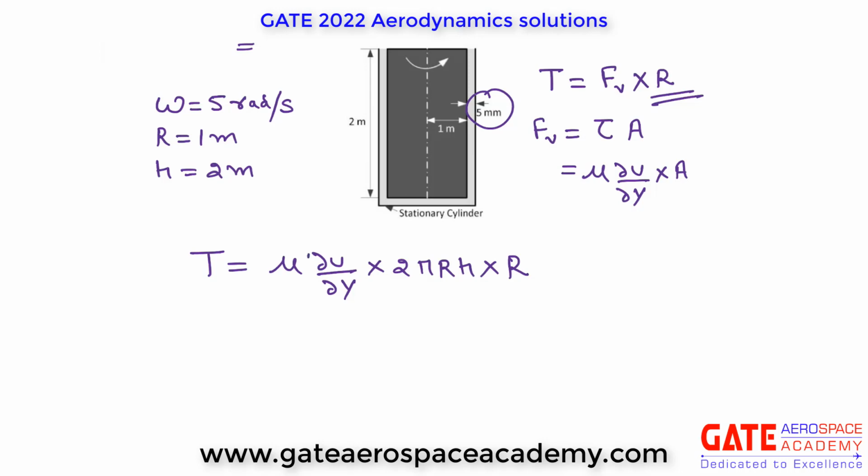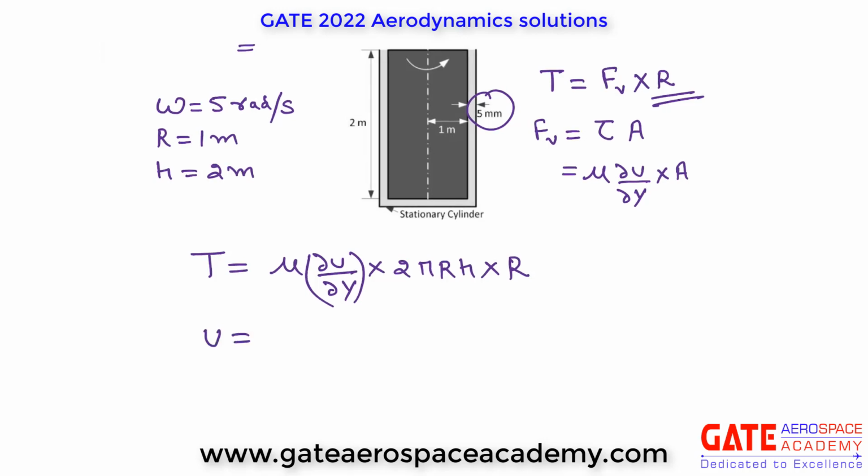So how we can find out velocity gradient, dou u by dou y? So first of all, u, the tangential velocity of this cylinder at this outer point, this will be omega into r. So 5 into 1, that is 5 meter per second.